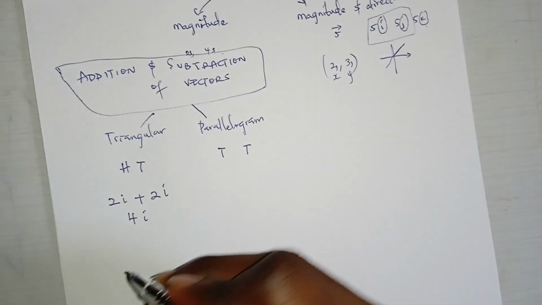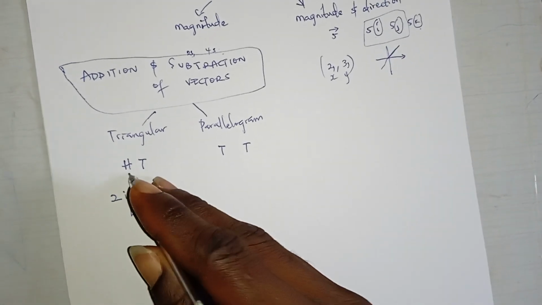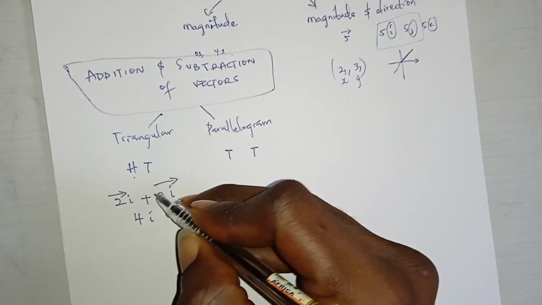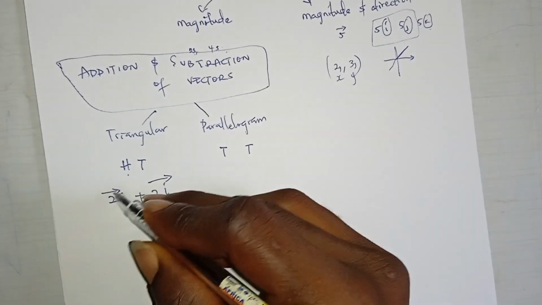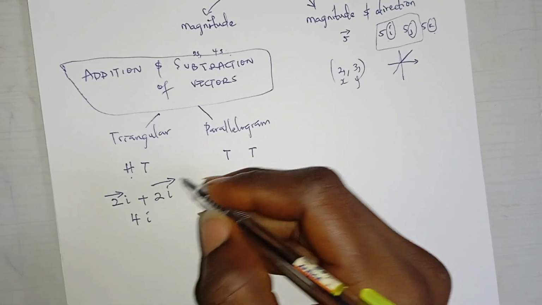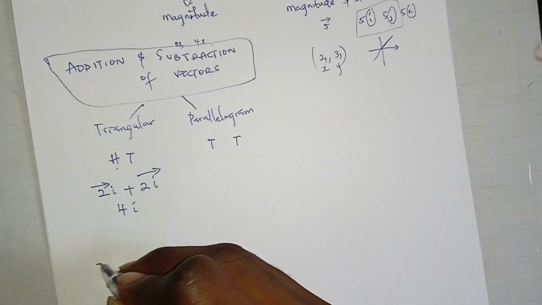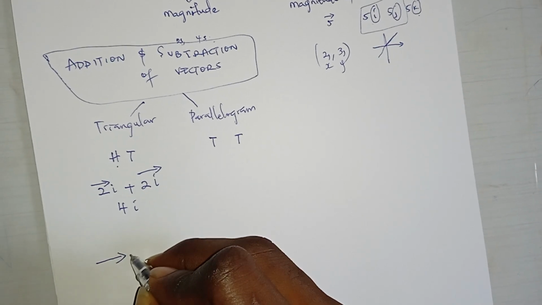Now, if I want to apply this approach, this will have its head this way, and this will have its head this way. Notice that it's going in the same direction, the x-axis.